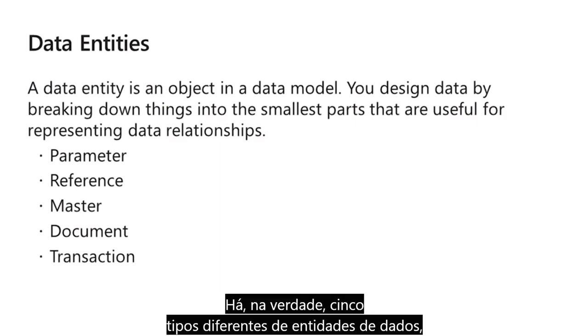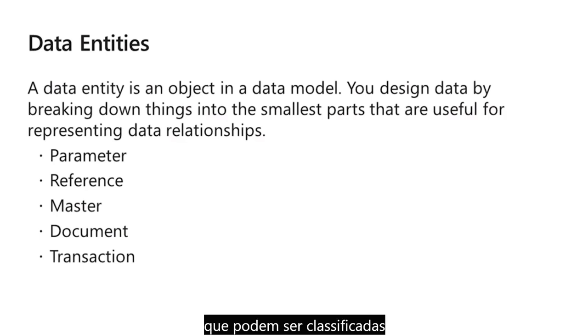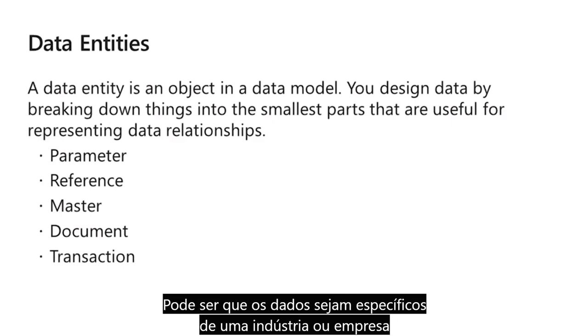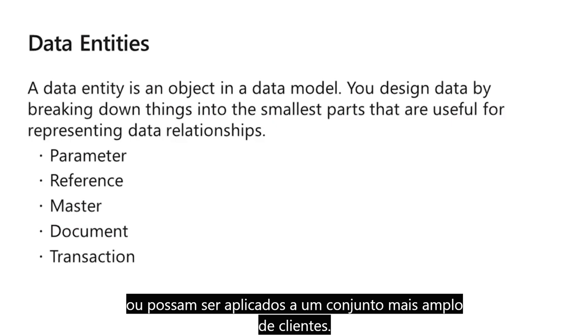So there are actually 5 different types of data entities, which can be categorized based on function and data set. The first one is going to be a parameter, and it can be functional or behavioral. So it might be data that's specific to an industry or business, or it can be applied to a broader set of customers.